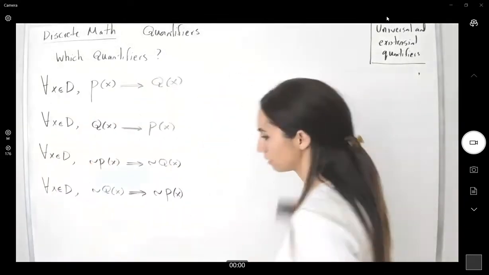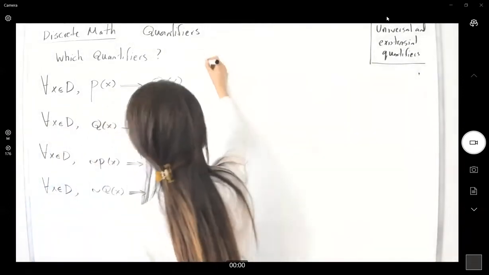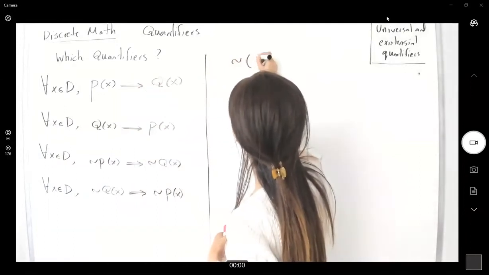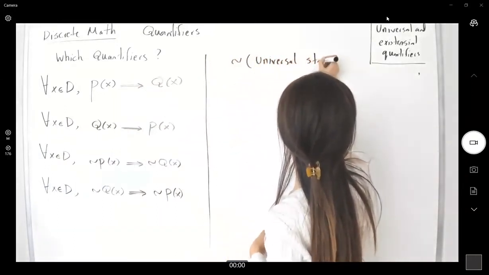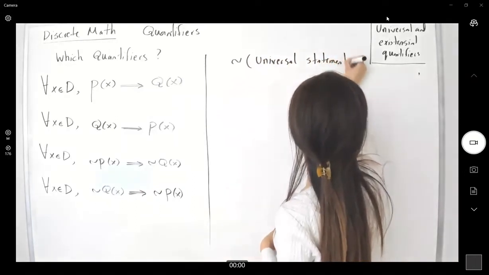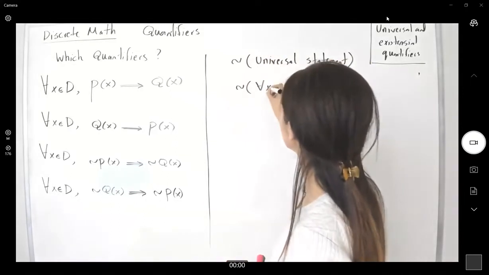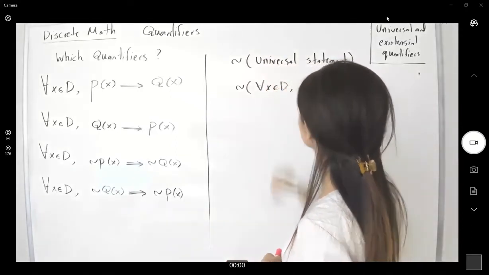Okay, now another question that I expect you to ask is this. What is the negation of a universal statement? What is the negation of for any x in the domain, you have P of x?